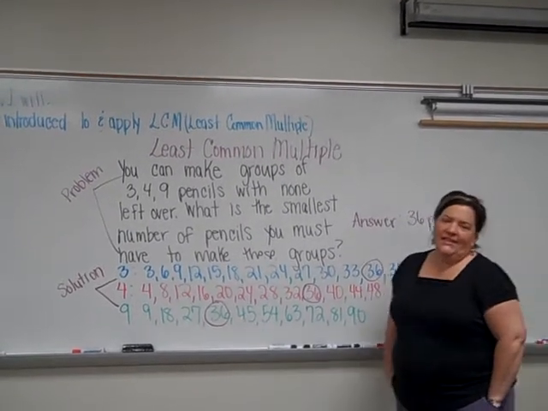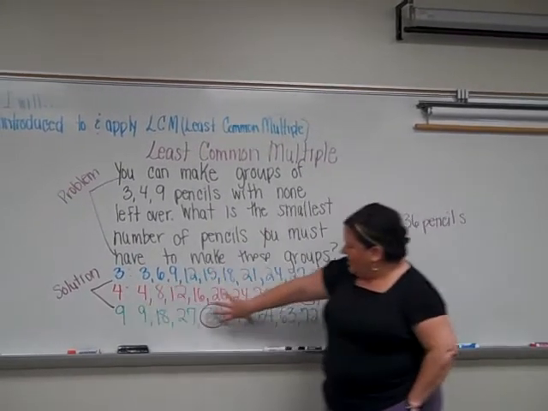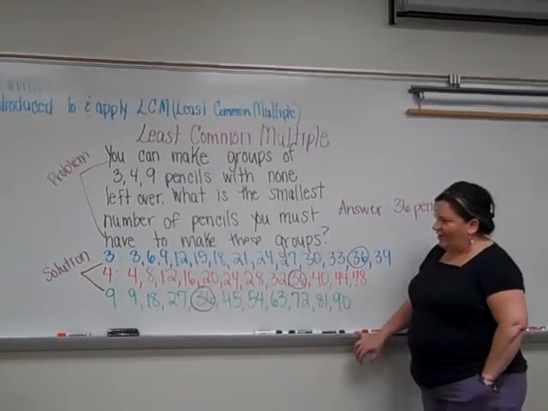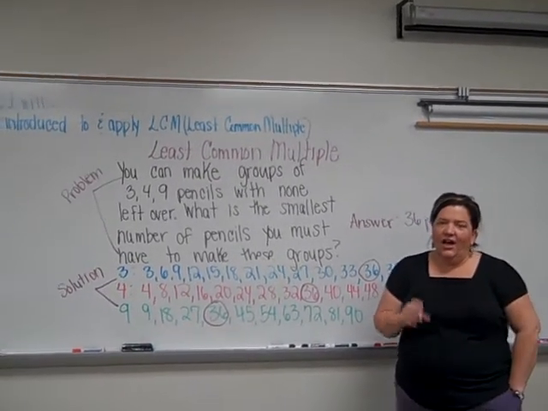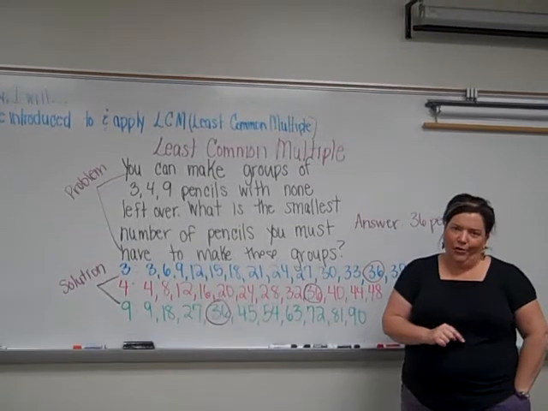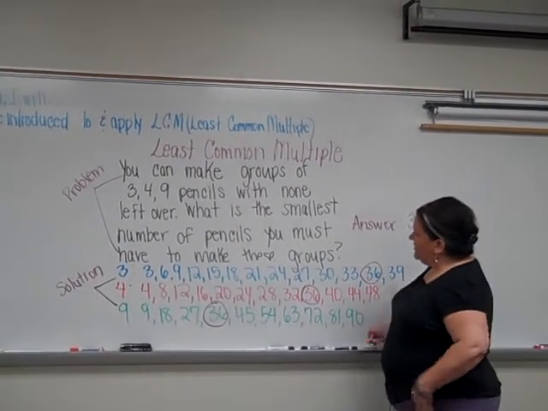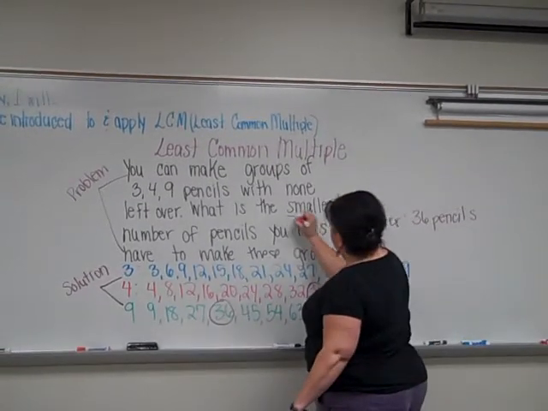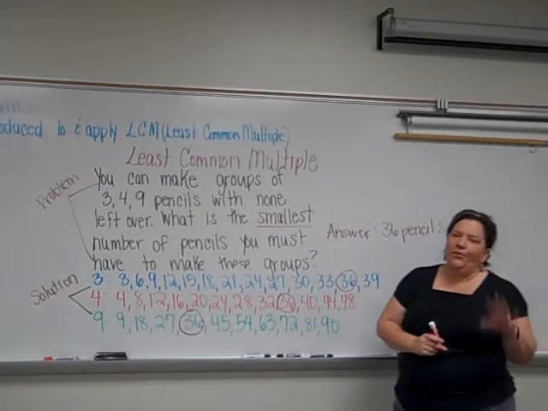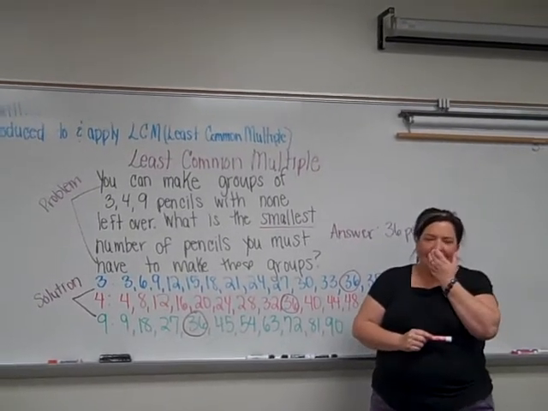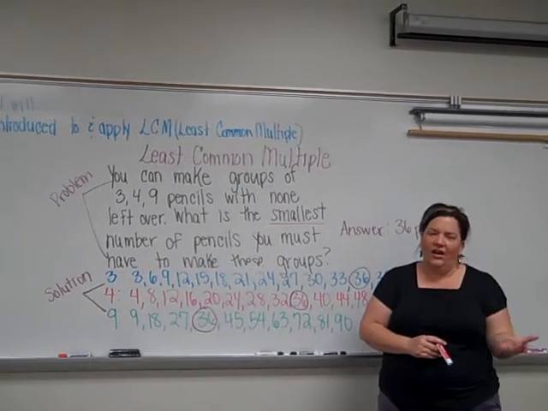So what I did to solve this problem, and the different color ink right here is my work, I listed all of the multiples of each number in the word problem. In the word problem, you see the word smallest, and that's a key word to help you figure out that you're going to be using the least common multiple to solve.